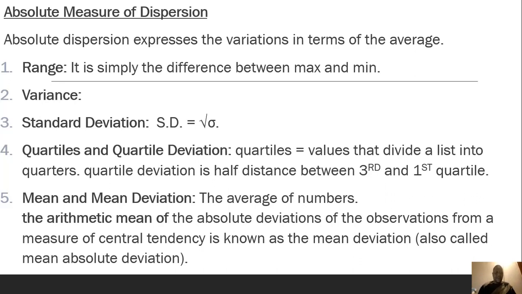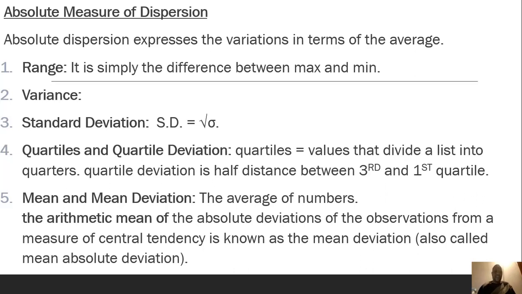Apart from that, we also have other measures of dissipation, such as the mean deviation. In our study on the measures of central tendency, we had looked at the mean, which is just the average of the numbers.